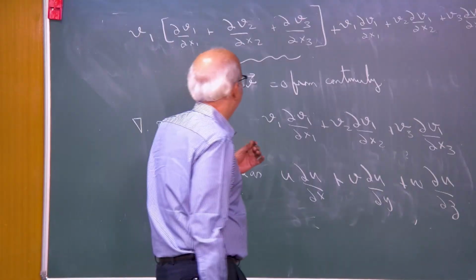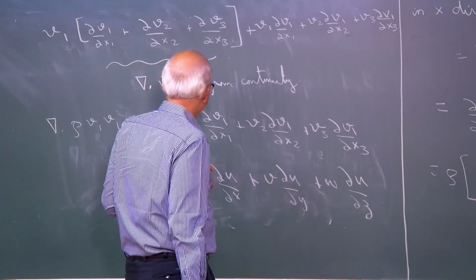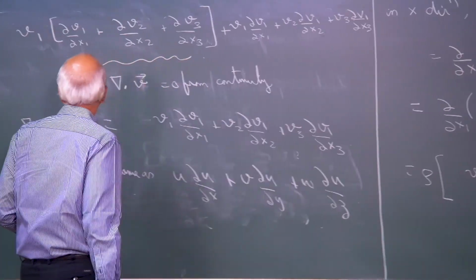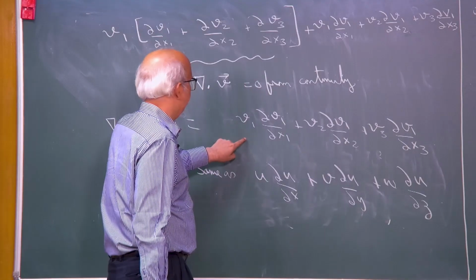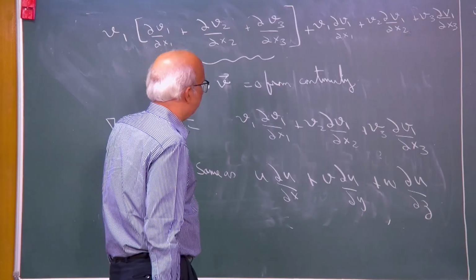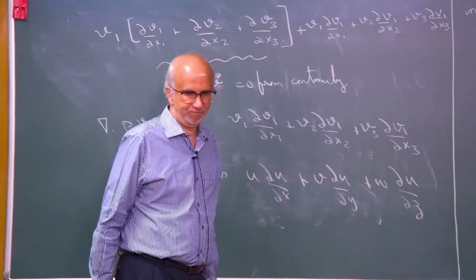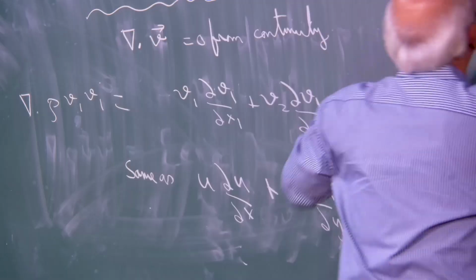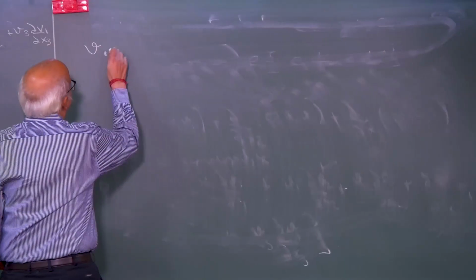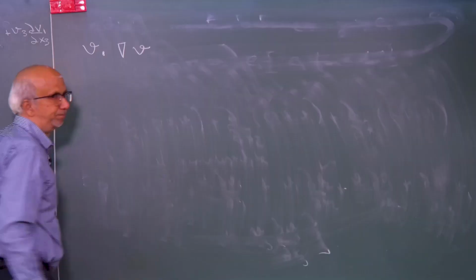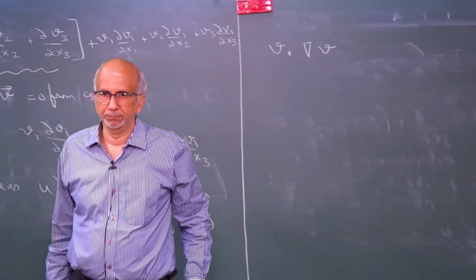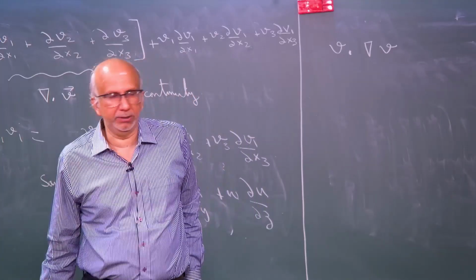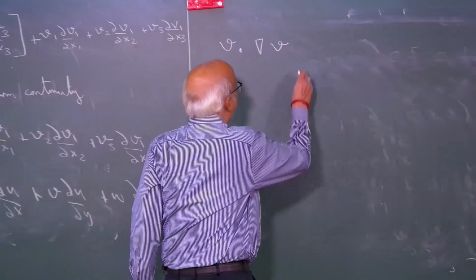Now, this particular expression that we have written here can also be written as V dot gradient of V. So, I want to calculate V dot gradient of V. How do you calculate this quantity?